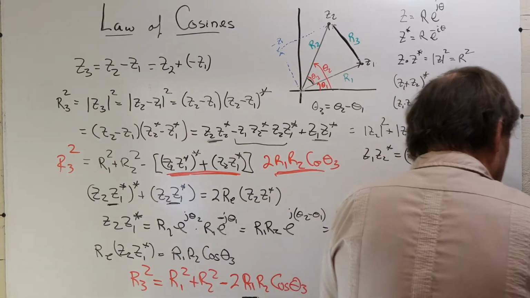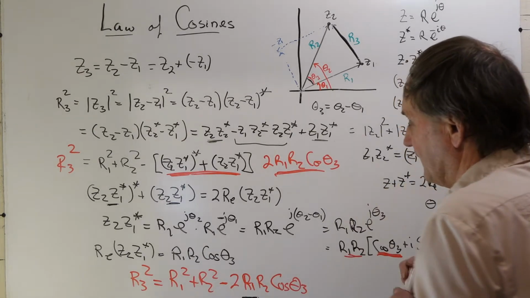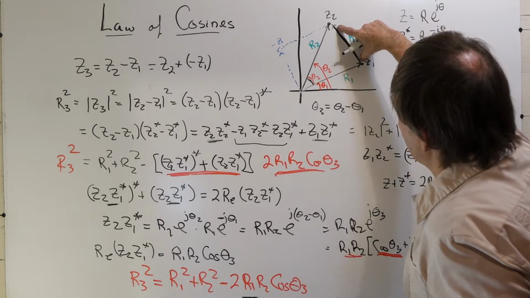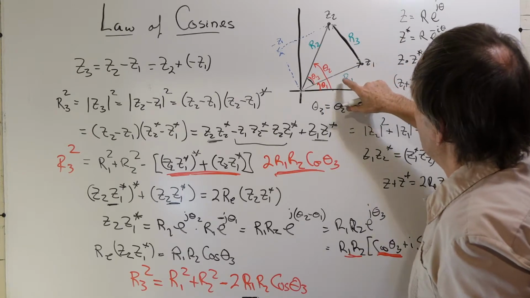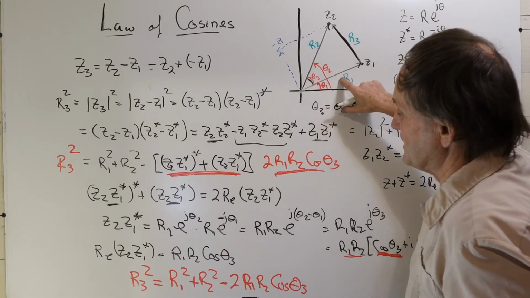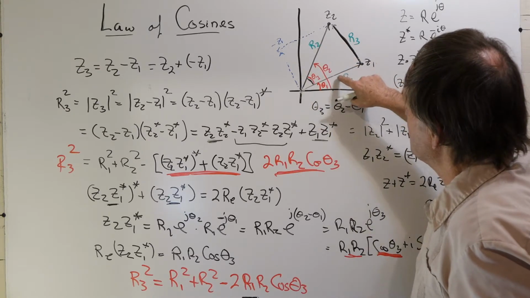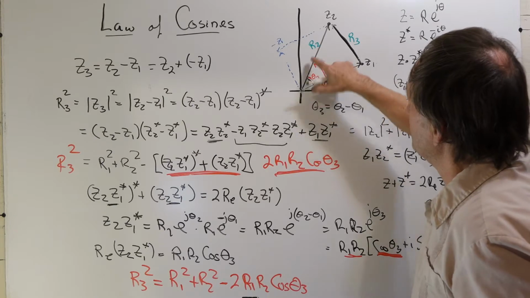So recapping this, this is the law of cosines. That is, the magnitude of the third side of a triangle is equal to the sum of the squares of the other 2 sides minus twice the product of the 2 sides times the cosine of the angle between the other 2 sides.